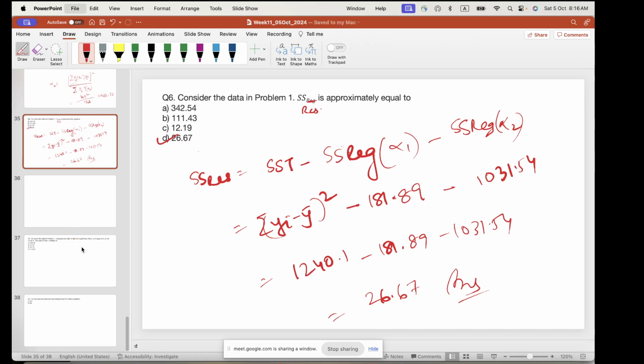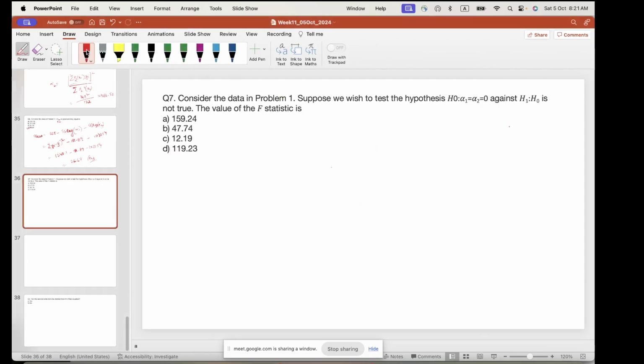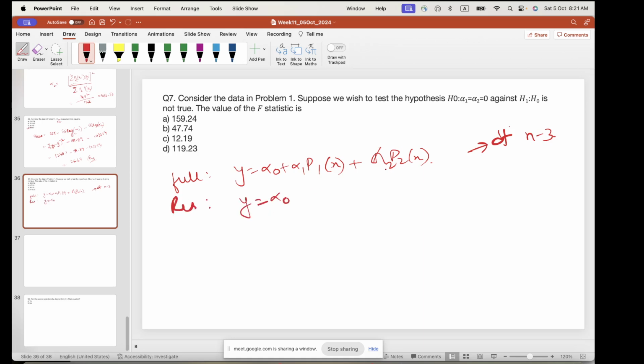Alright, so moving on. So for this problem, the full model is this: y equal to alpha naught plus alpha 1 p1x plus alpha 2 p2x. Okay, so df of the error is n minus 3. Alright, and restricted is y equal to alpha naught plus epsilon.